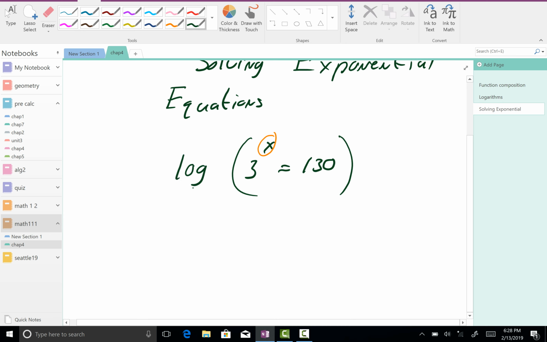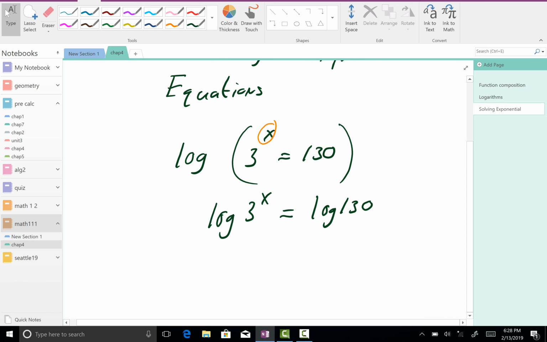So if you take the log of both sides, you're going to get the log of this equals the log of 130. And then what happens is that when you apply that one law of logarithms, that one property, what happens to this x? Where's it going to go? In the front, right?